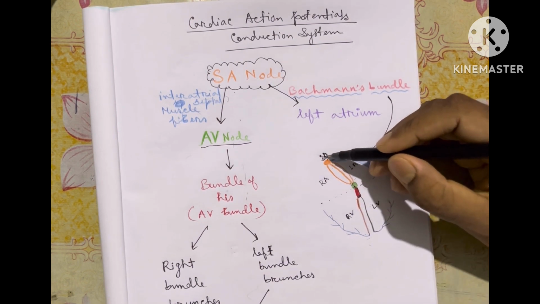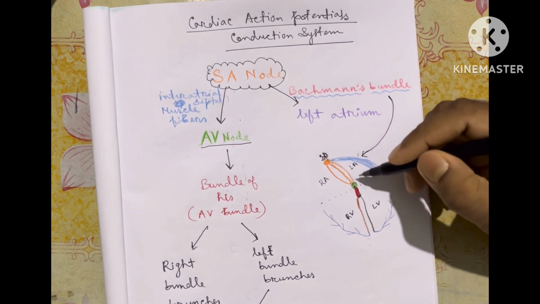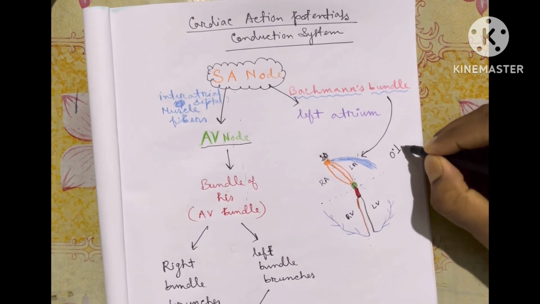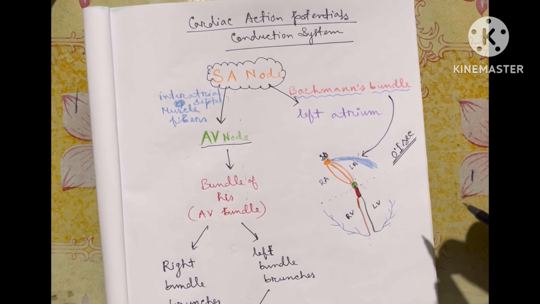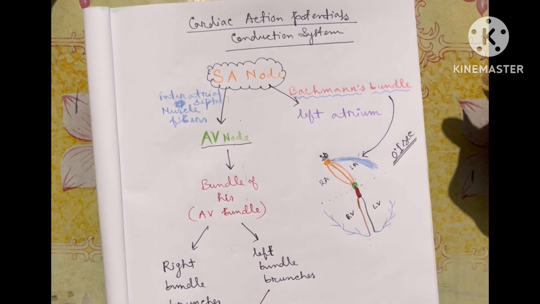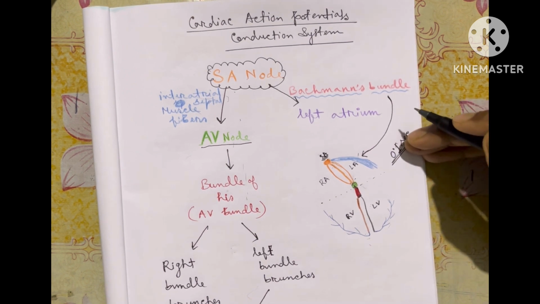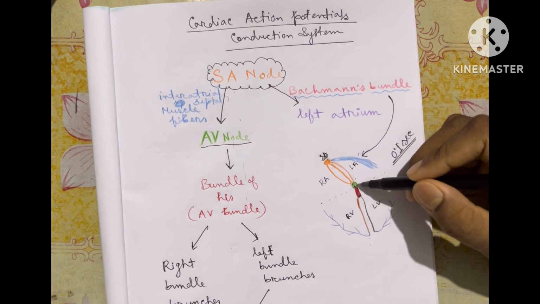And one more thing: when the SA node sends those signals towards the AV node, the AV node holds those signals for 0.1 second. After delaying them for 0.1 second, the AV node again sends those signals towards the bundle of His.